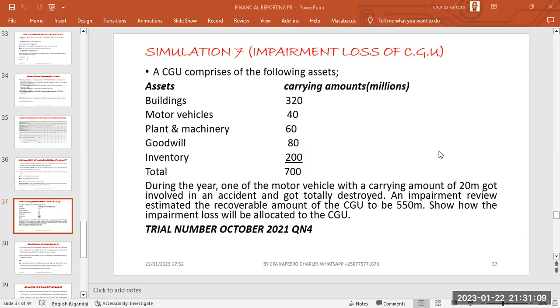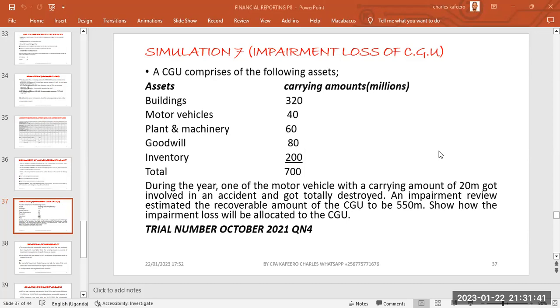We say the carrying amount is the amount that is actually, those are the figures that are within the balance sheet. So when you try to compare all those figures, the total of the carrying amount with the recoverable amount of the whole figure of the cash generating unit, they will give you the recoverable amount of the cash generating unit.